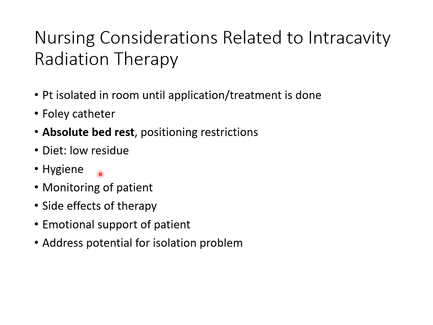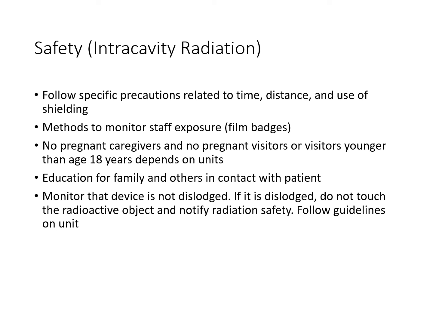So hygiene, of course, monitoring of the patient, side effects of therapy, emotional support of the patient, and address potential for isolation problems. Some patients are going to feel isolated, so you're making sure that you're discussing all of that with them. Follow specific precautions related to time, distance, and use of shielding. So I've talked about this in a previous slide already.